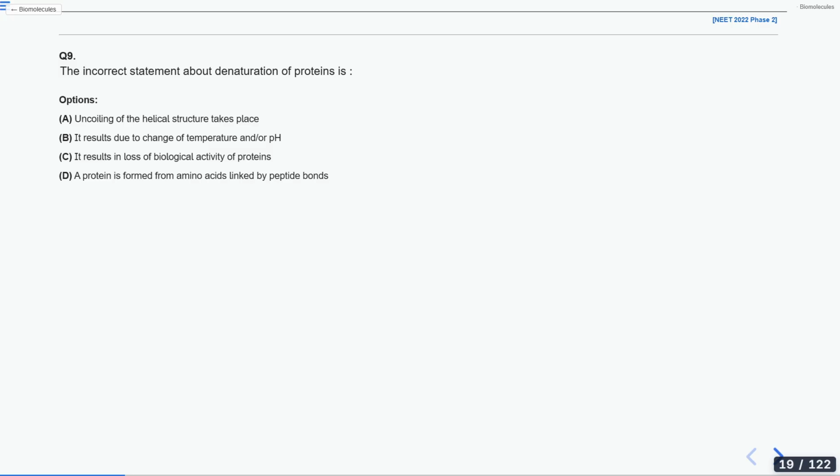Tell me what is denaturation of protein and what is the correct option here out of these 3, 4.